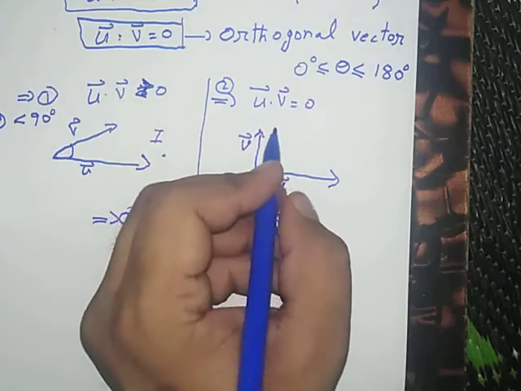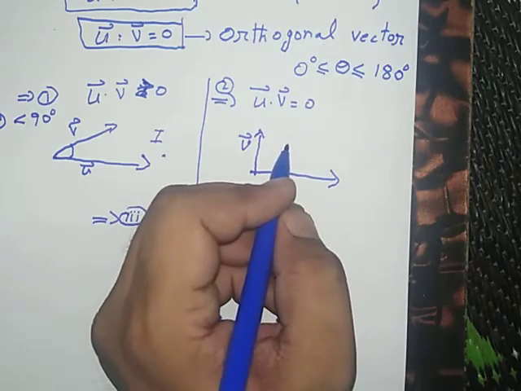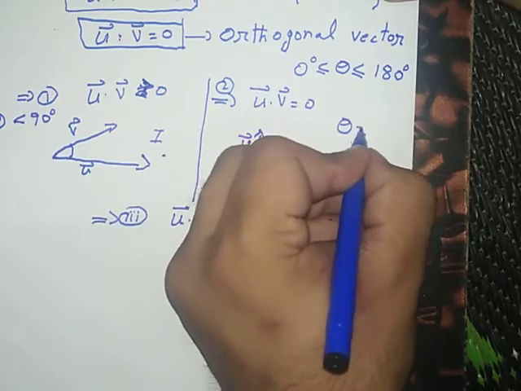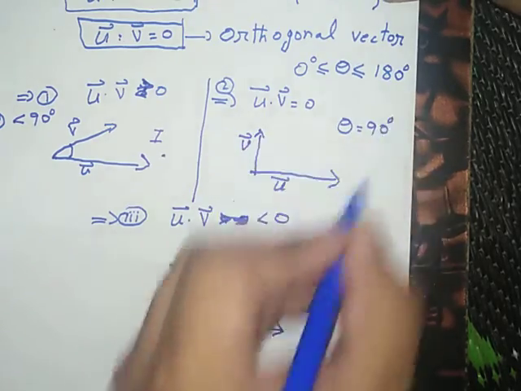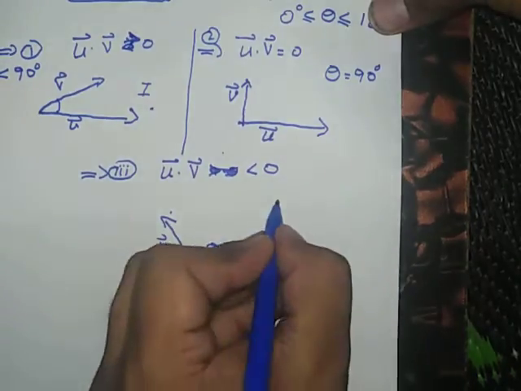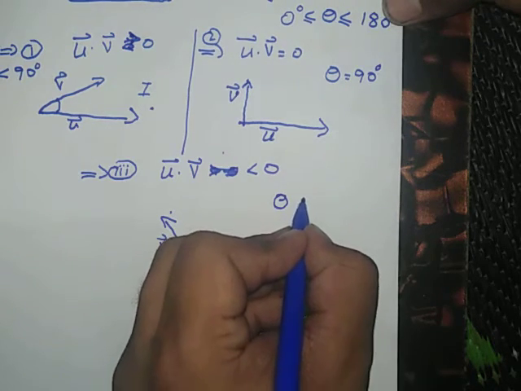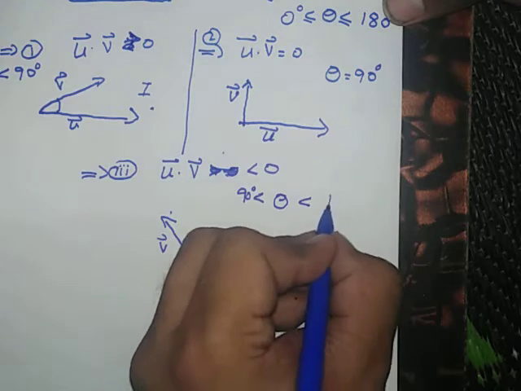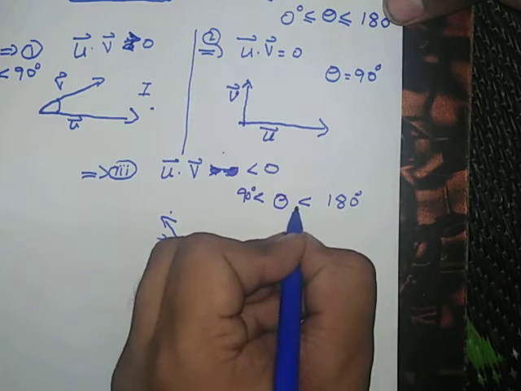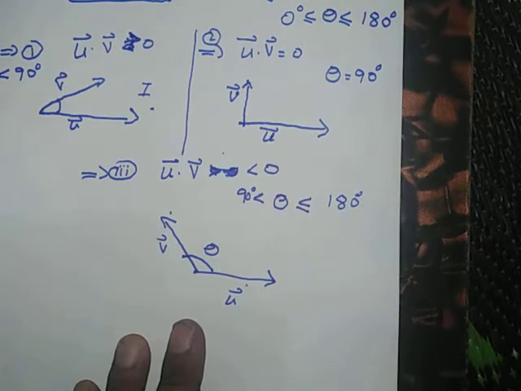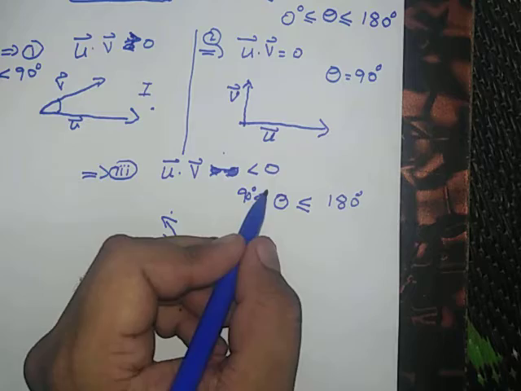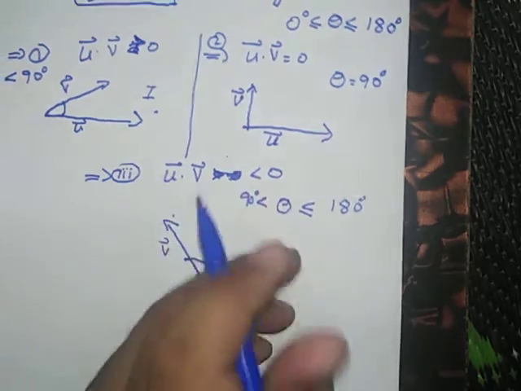And in the case of orthogonal vectors, u dot v is equal to 0, and theta is equal to 90 degrees. If theta is greater than 90 and less than 180 degrees, then the dot product of the two vectors is negative, less than 0. Less than 0 means that it should be negative.